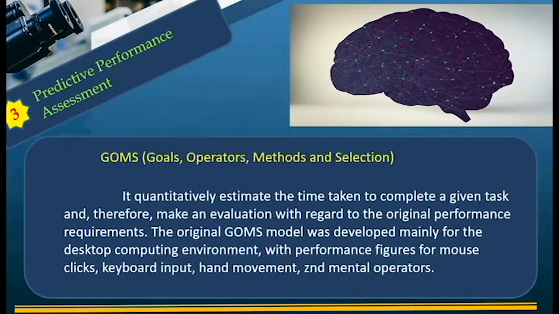So basically, it estimates the time taken after completing the task given, and then it evaluates with regard to the original performance requirement, based on the result of the given task, which estimates how much time it takes.